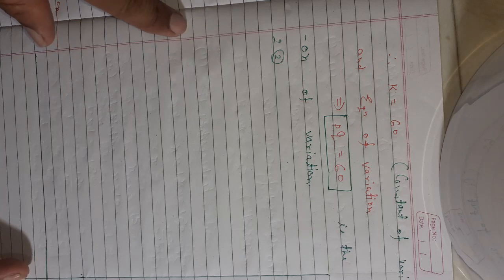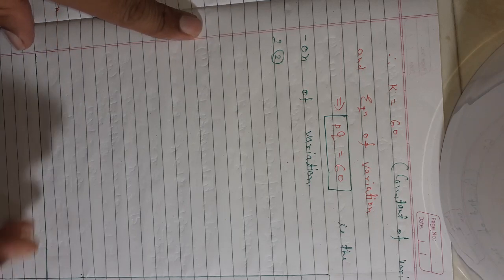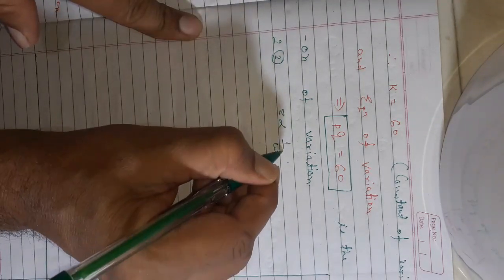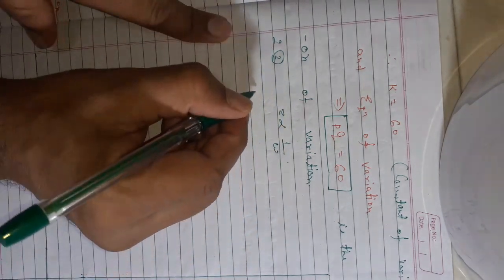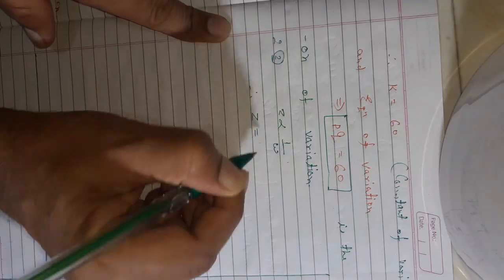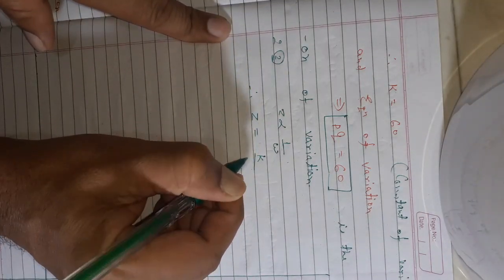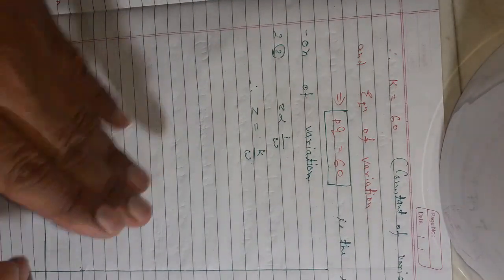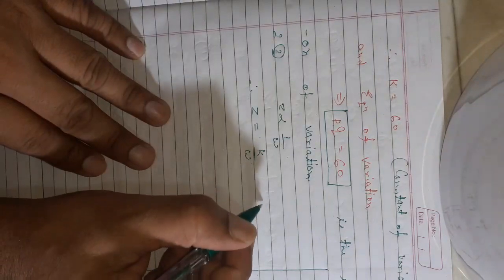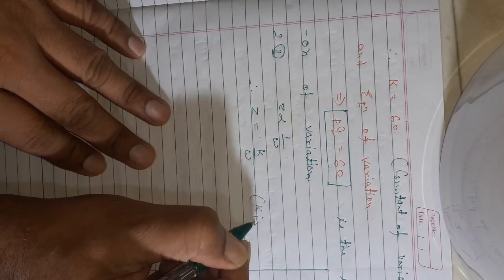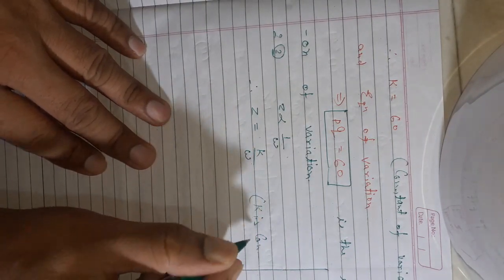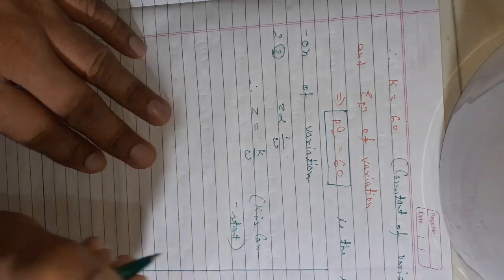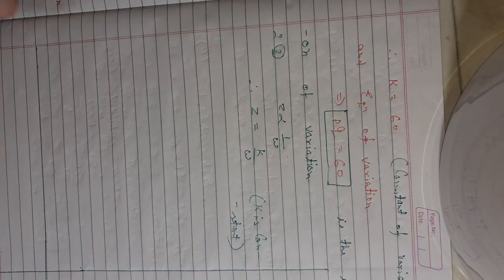Second is what? That is z proportional to 1 upon w. Clear? So therefore z is equal to k upon w, k is constant.